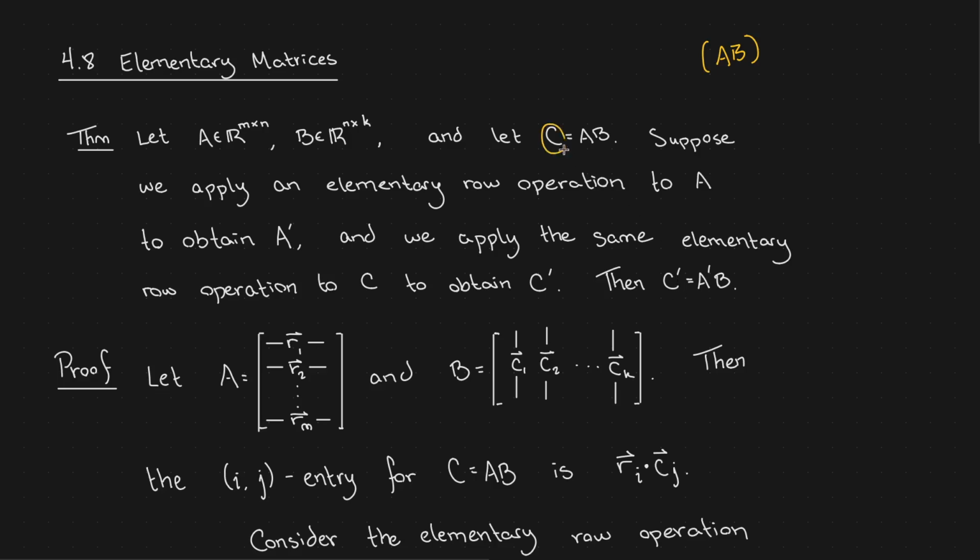That would be the same as applying the elementary row operation to matrix C, giving C prime. Or, if we apply it to matrix A first and then multiply by B, it gives us the same thing.